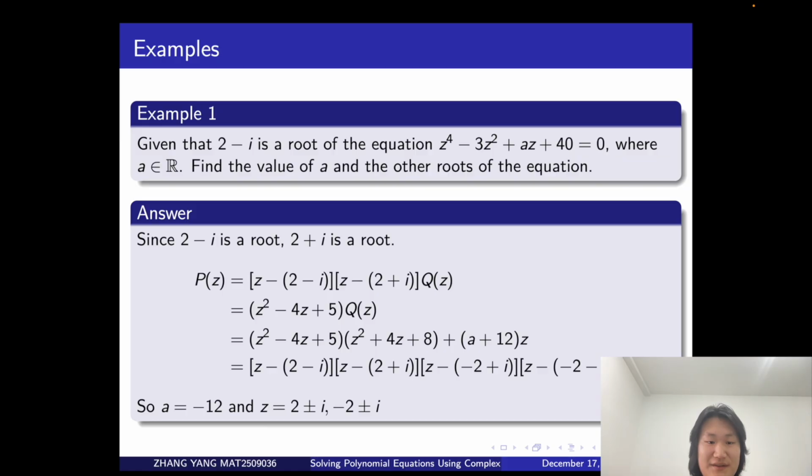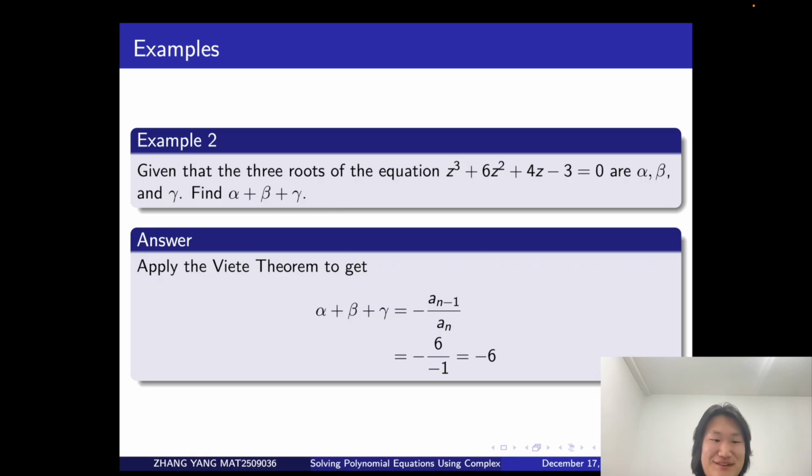And we use long division to get p of z expressed as two polynomials of degree 2 multiplied together and a tail of a plus 12 times z. By the factor theorem, p of z should be factorized and the tail should be 0. So we get a equals minus 12, and we can get the other two roots.